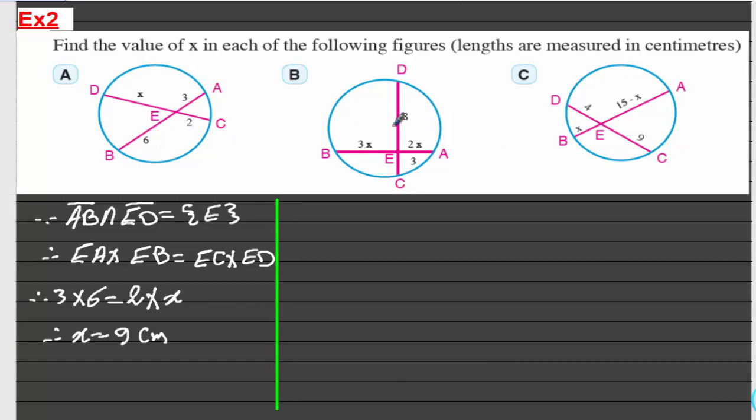The other figure here, we have the same rule. You can say AB and DC are two chords intersecting inside the circle at the point E.